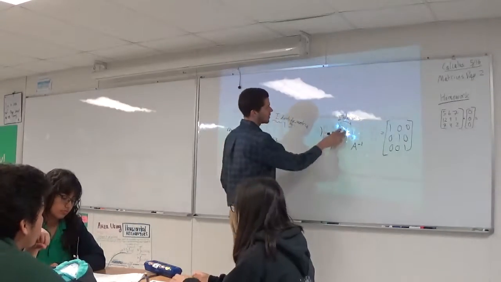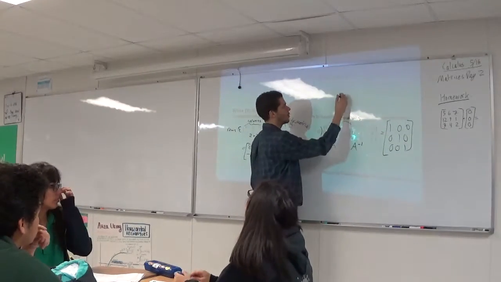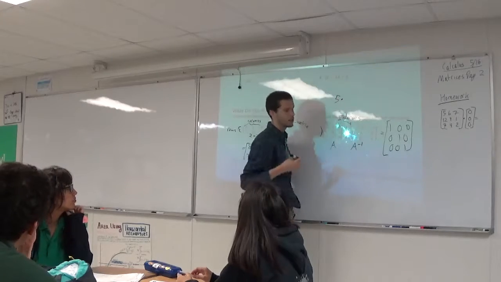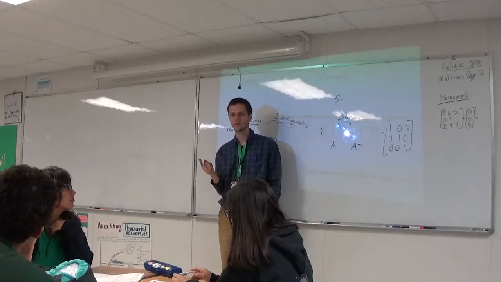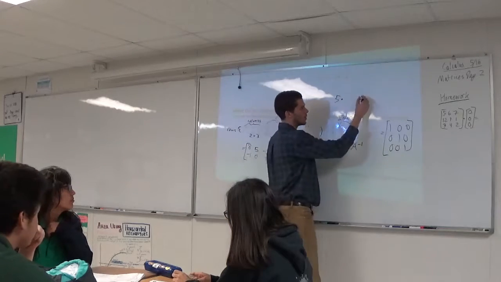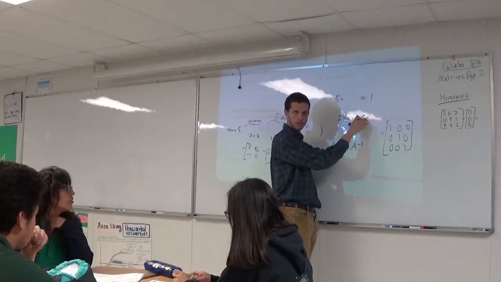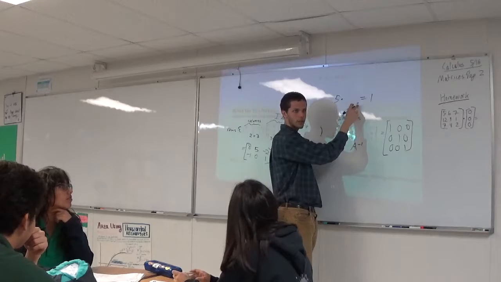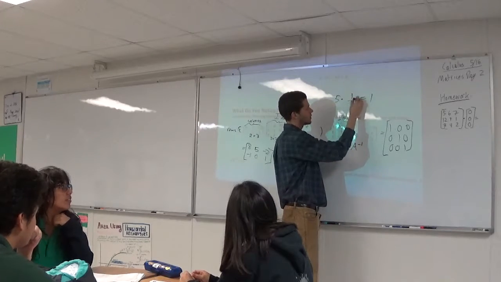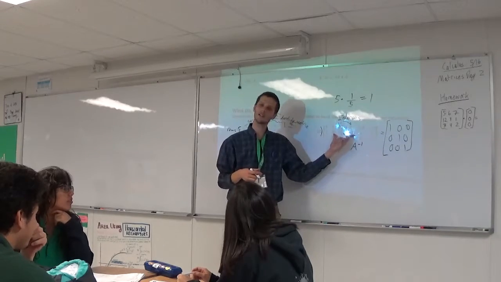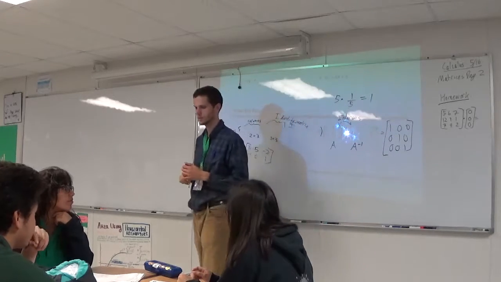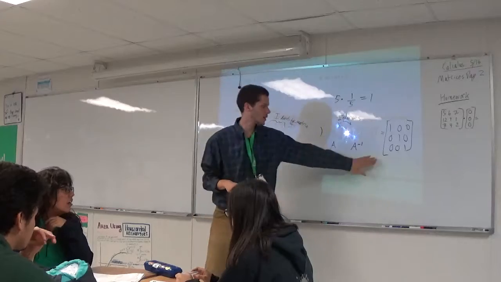If you're just multiplying by one number, 5 times what equals 1? 1/5. Right, that's basically what we're doing. It's just a lot trickier with matrices to find the inverse. We're just multiplying to get the identity.